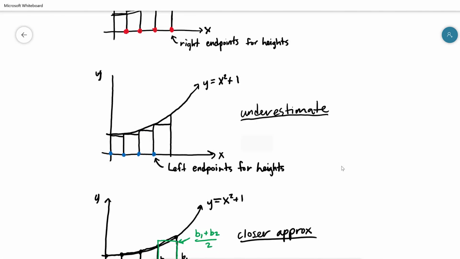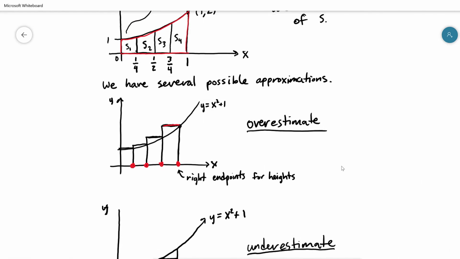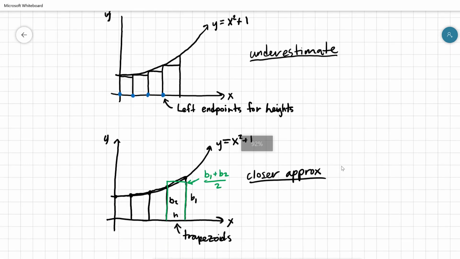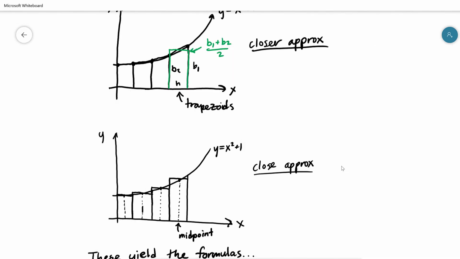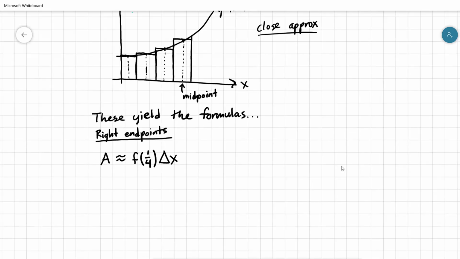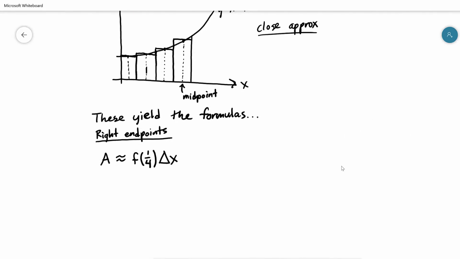Coming back up to our picture, I'm going to call this distance right there delta x. So in this case, it's equal to 1/4 as well. It's the distance, the width of all of the rectangles. So I've got f of 1/4 times delta x. That's the area of the first rectangle. So this is the height, and this is the width.